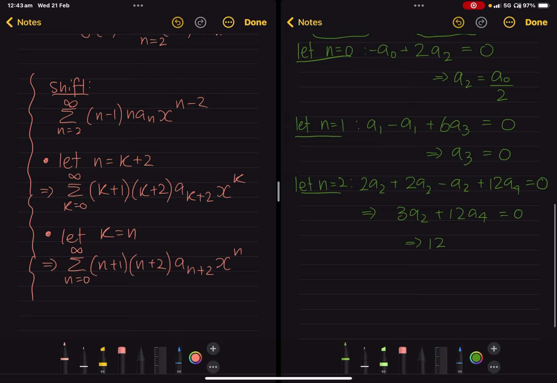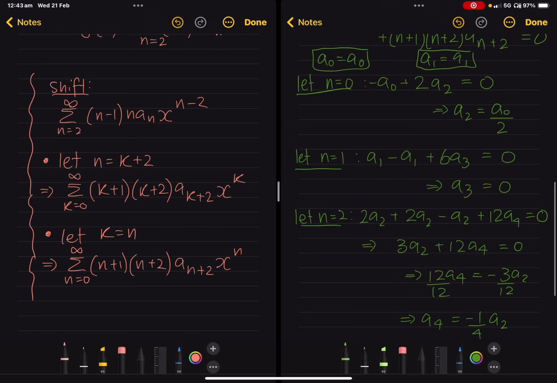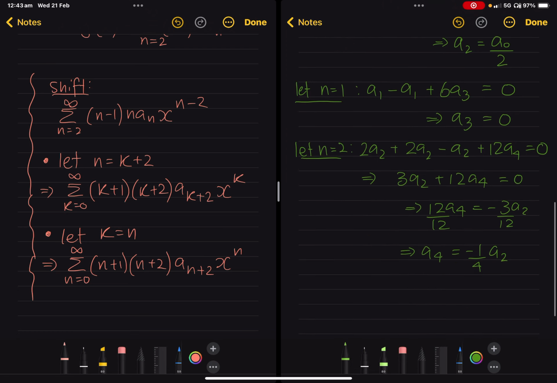So this implies that 12a4 is equal to minus 3a2. Divide both sides by 12. And this gives us a4. 3 on 12 is 1/4. It's minus 1/4 a2. But we know that a2 is a0 on 2. So this is actually minus 1/4 times a0 on 2, which is minus a0 on 8.